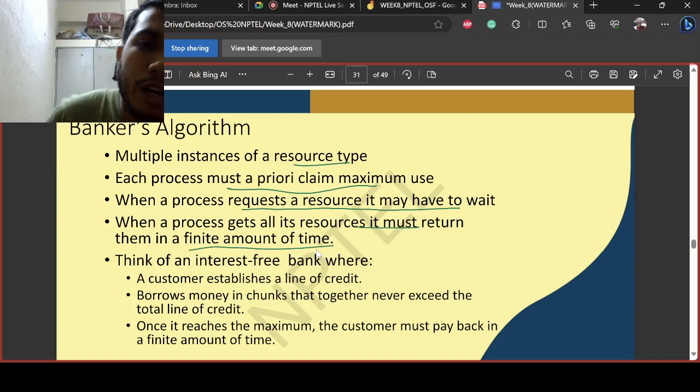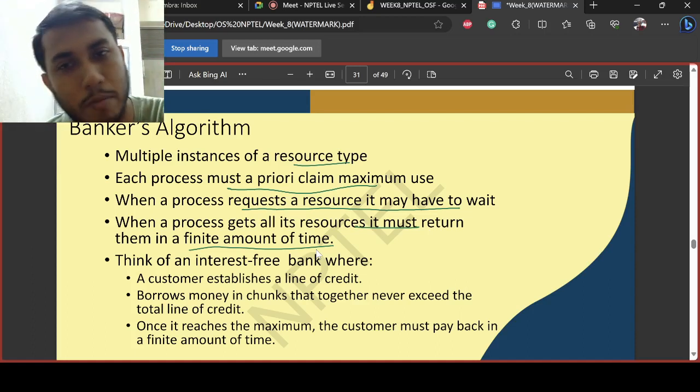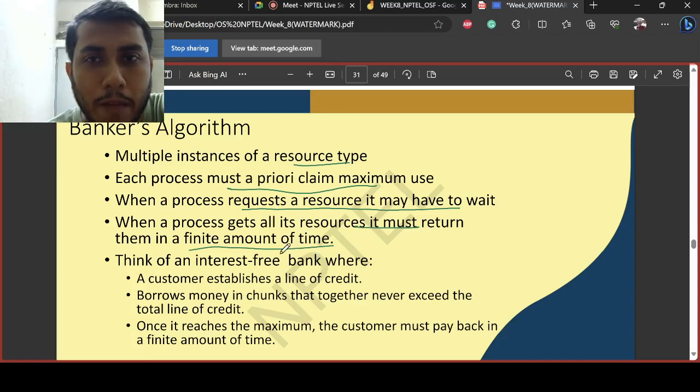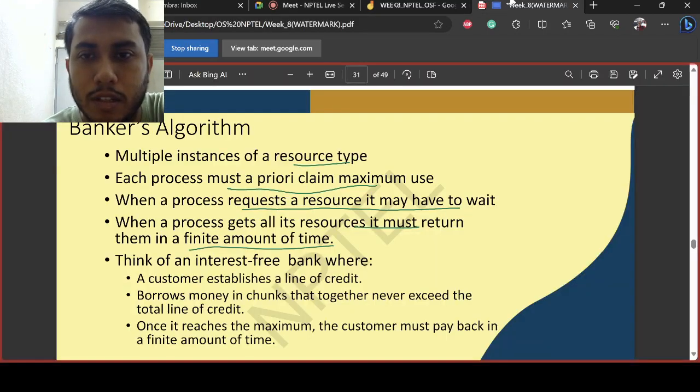It is kind of like your interest-free bank, where a customer establishes a line of credit, borrows money in chunks, and together never exceeds the line of credit. Once it reaches the maximum, the customer must pay back in a finite amount of time. It is how your banking system works. You take money, but you never exceed your credit limit.